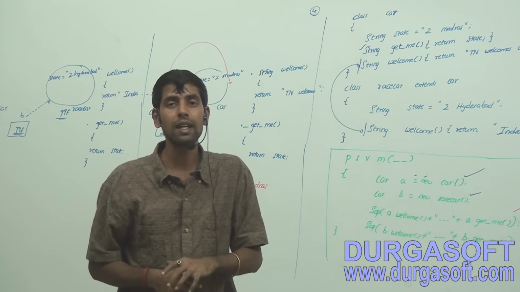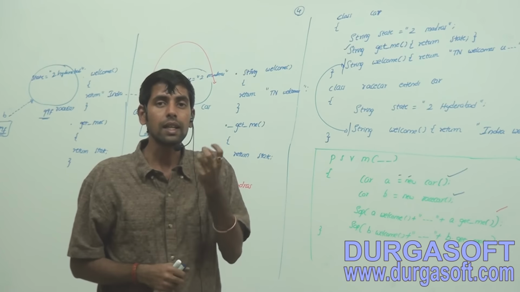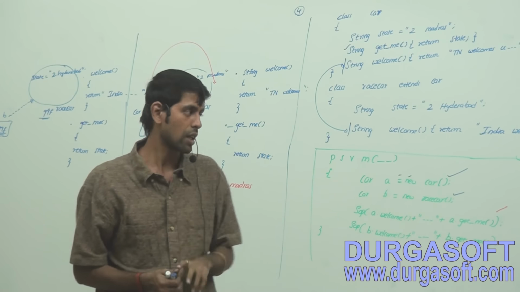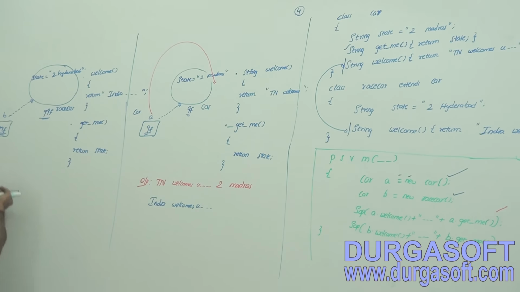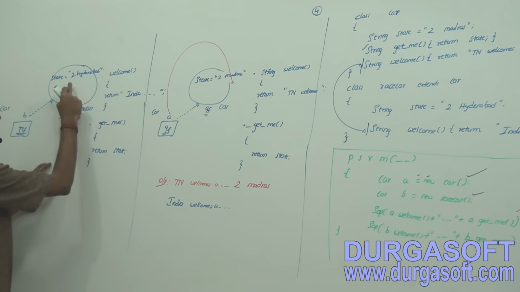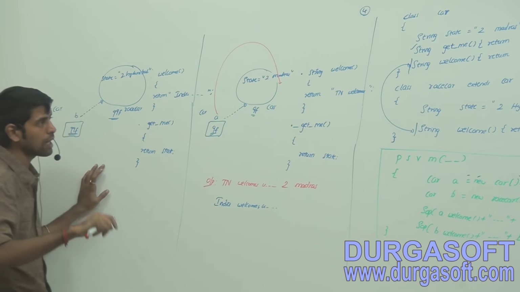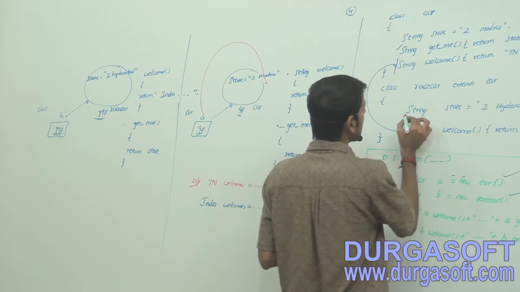It is returning a state, object state. So now if you see here, b dot get name, it is returning what? To Hyderabad.